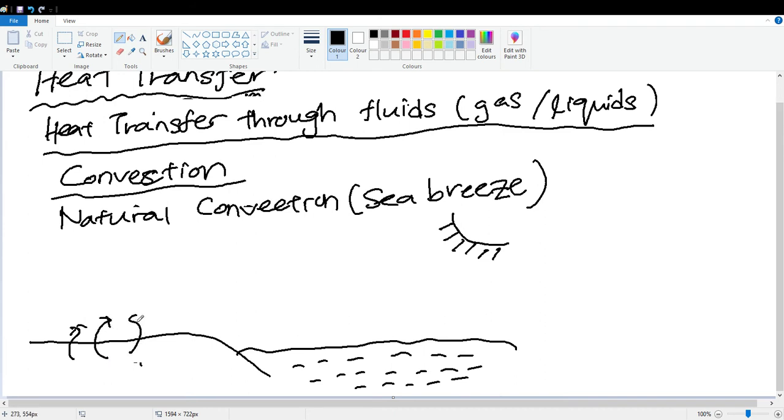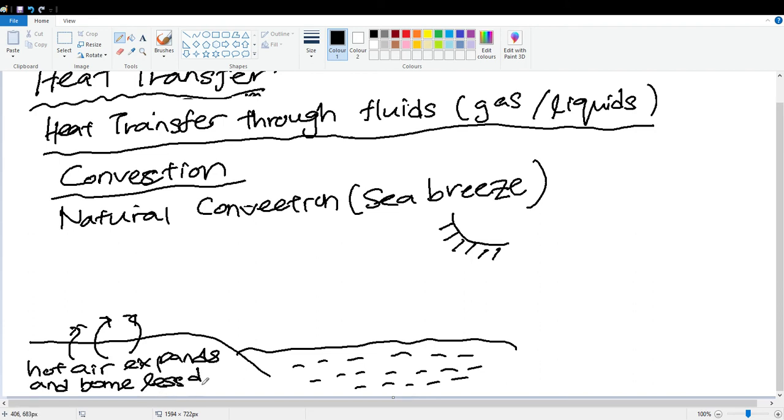Since the land gets heated up more easily than the sea, the hot air expands and becomes less dense.